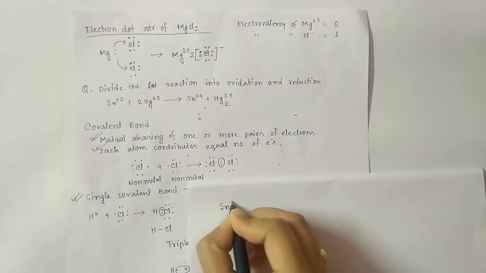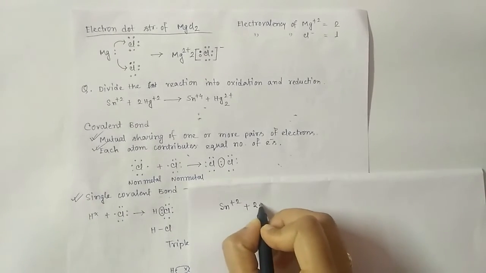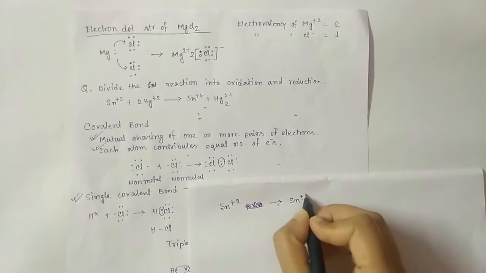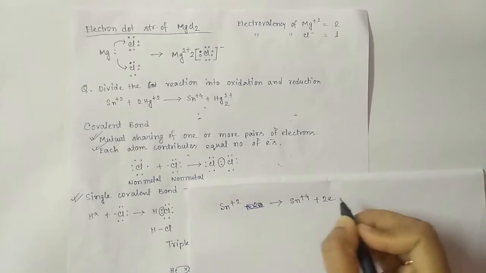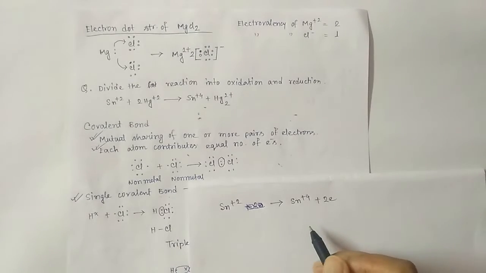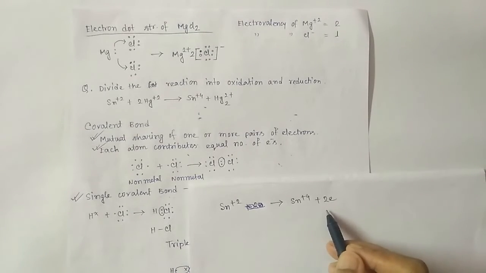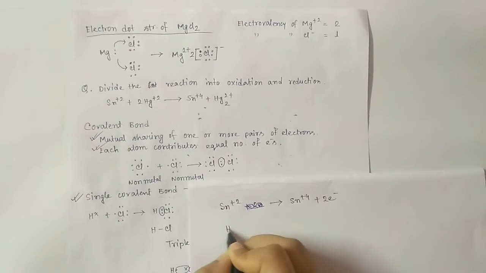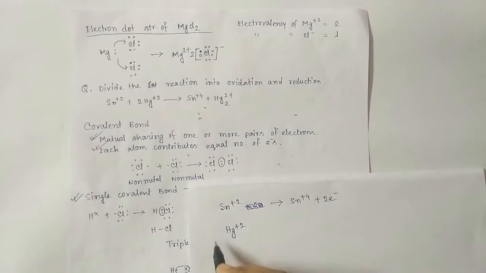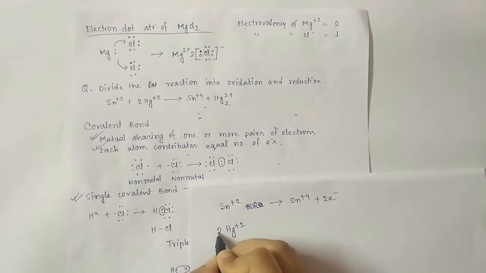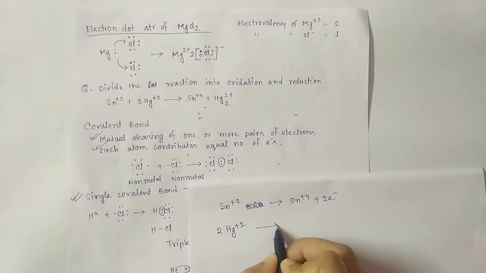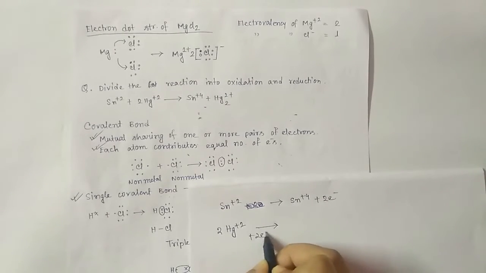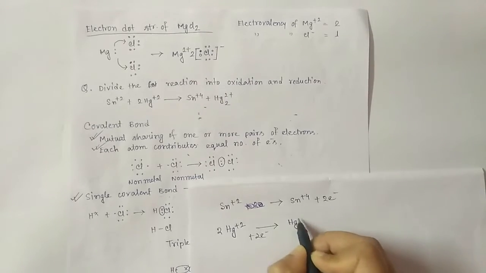This can be written like that, as it releases 2 electrons. So definitely there has to be some species that accepts these 2 electrons, and these 2 electrons will be accepted by Hg2+. As there are 2 Hg2+ ions, each will accept 1 electron and thus become Hg+.